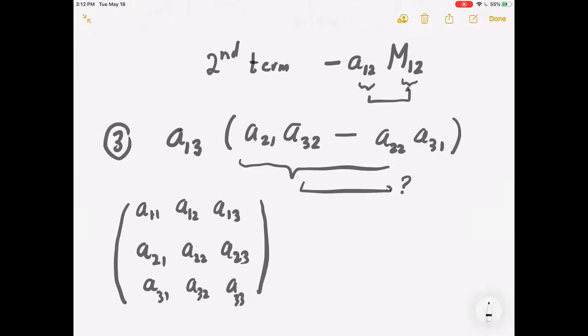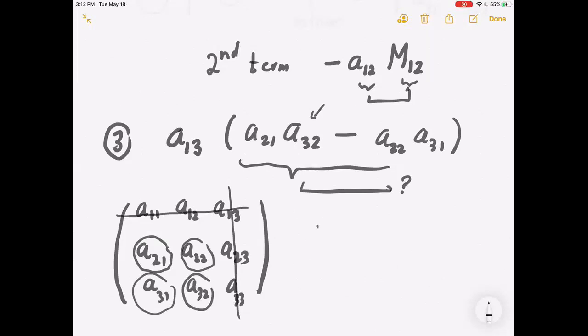This tells me I have to multiply a sub 2,1 times a sub 3,2 and subtract from it a sub 2,2 times a sub 3,1. So in fact, what I have to do is go back to my original coefficient matrix, strike out the first row and the third column. I'm left with a matrix whose determinant I need to find, or I'm left with the following minor.